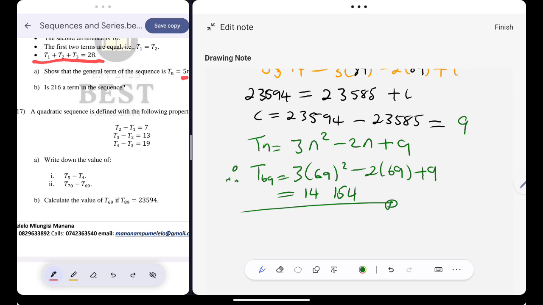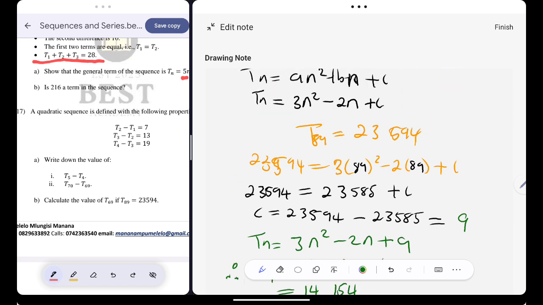This is how you tackle questions whenever a quadratic sequence is described to you. You must first find the nth term and then answer everything they want you to find.